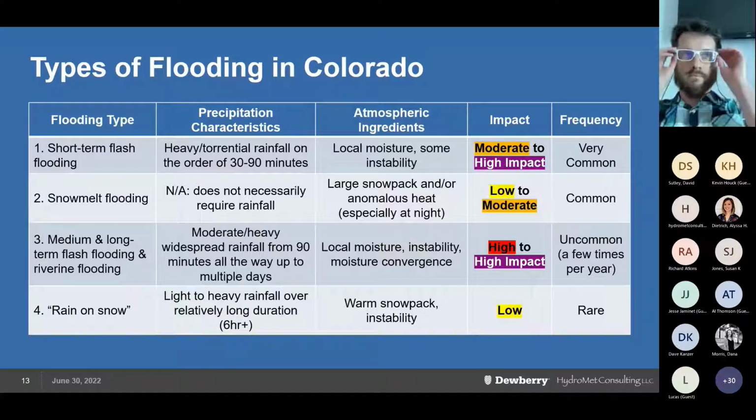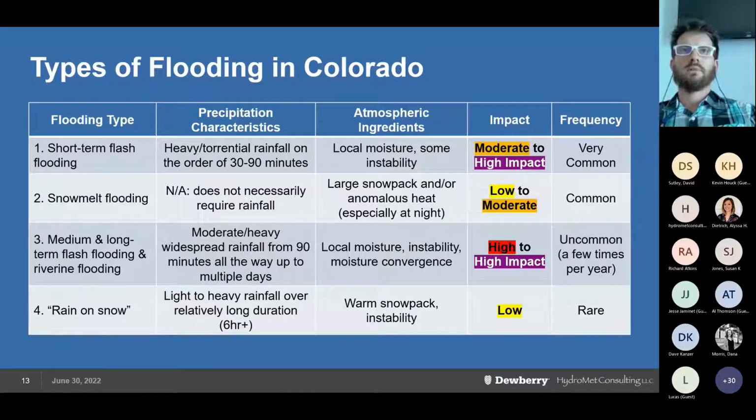The second type of event is snowmelt flooding. And I think this one's fairly intuitive. It happens pretty much every single year, depending on where the snowpack is the highest, as well as what is going on with temperature. Essentially, as soon as you get that late springtime and early summer heat, where your nighttime temperatures in the higher terrain aren't really falling below zero, that's when you really start to drive that snowmelt.